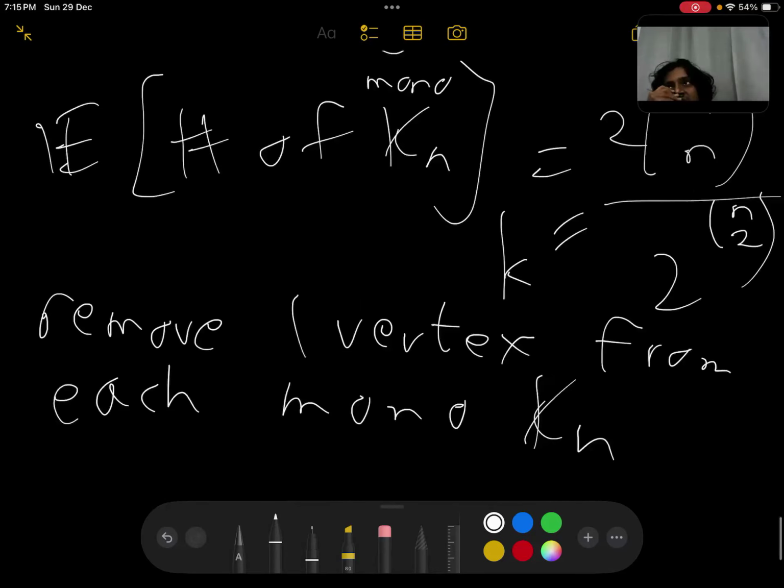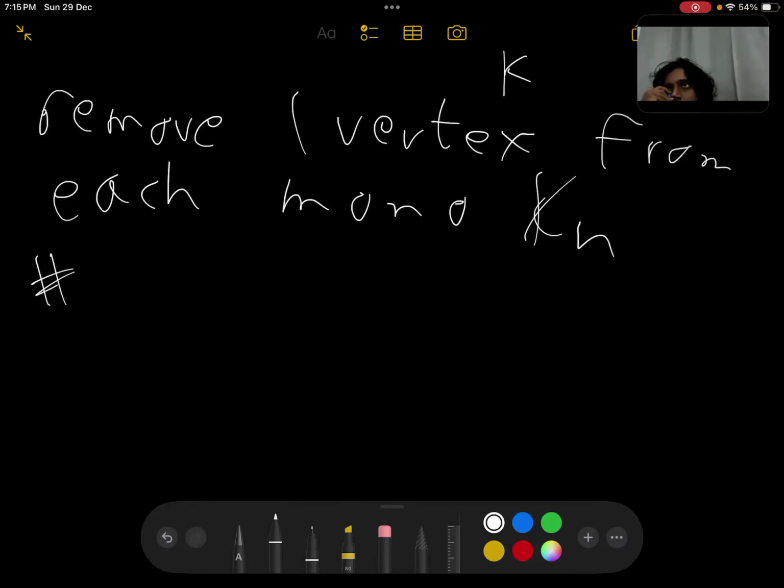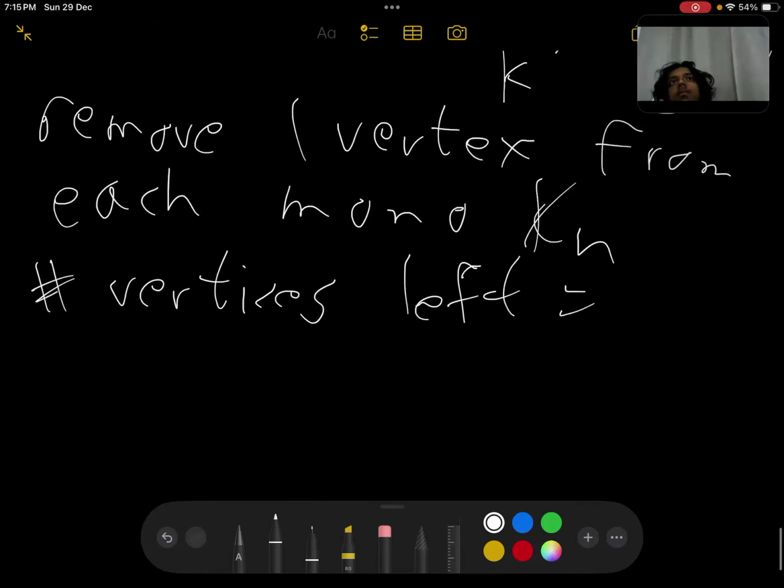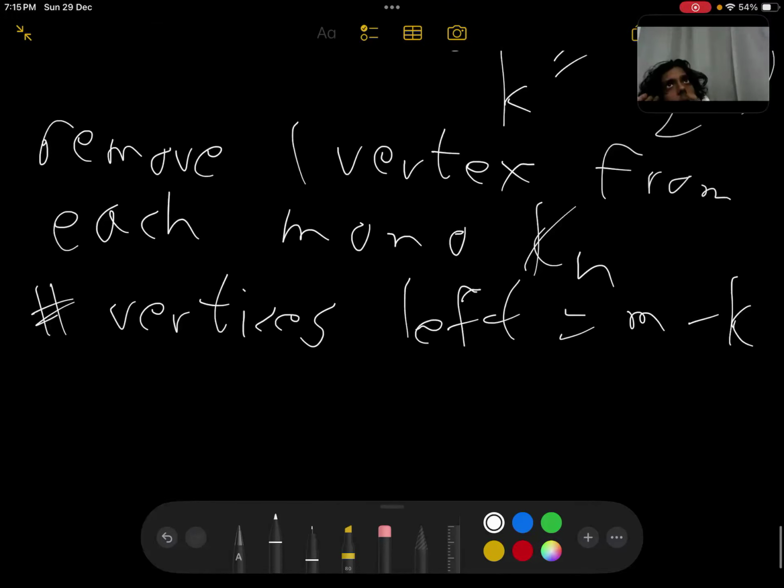Right? So the number of vertices left will be, we started with m vertices and removed k, so m minus k. But this graph would have no monochromatic kns. Why? Because we have removed one vertex from each of them, so there can't be any left.